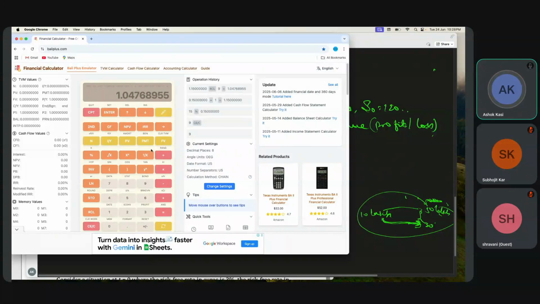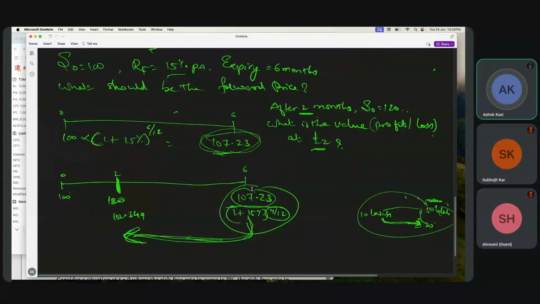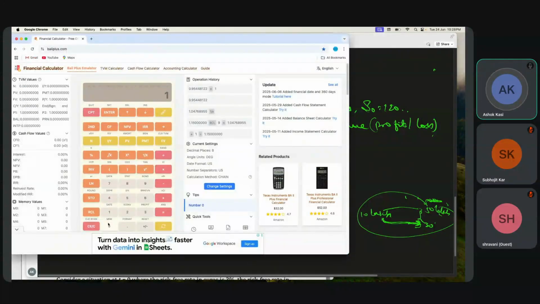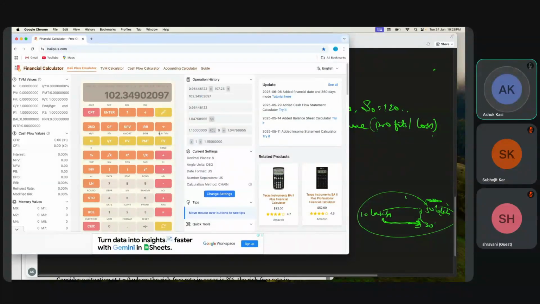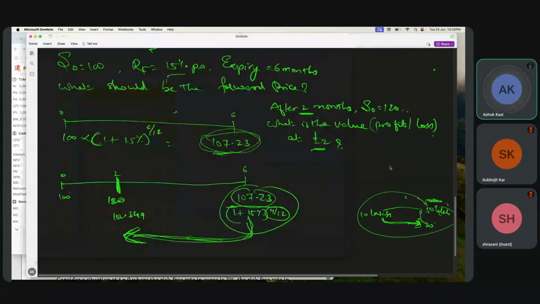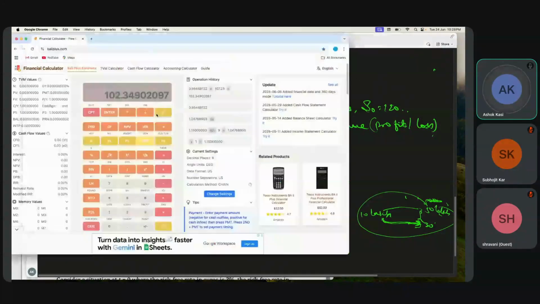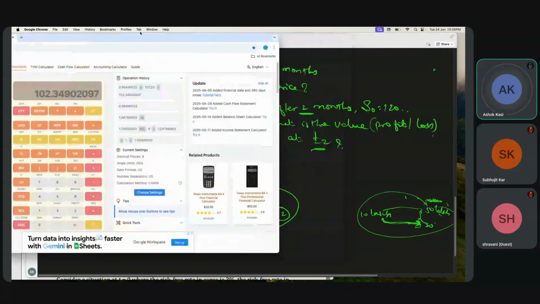So I have solved the denominator. Inverse into 107.23. So 102.34. Yeah, correct.